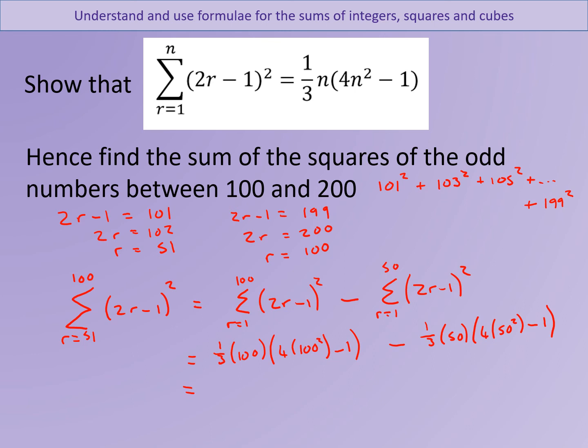So that first term is a big number. We've got 1,333,300. Minus, if we do the same for the second one, we get 166,650, giving us a total sum of 1,166,650.